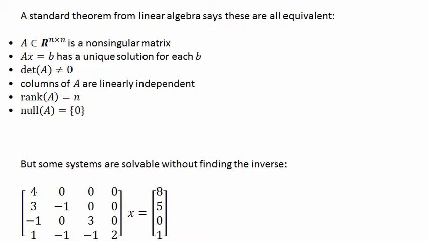That's equivalent to saying that the linear system AX equals B has one unique solution X for every different B. And that includes the case when B is 0, then X equals 0 is the only solution. So I'll add that one on to this list. It is equivalent to the others as well.